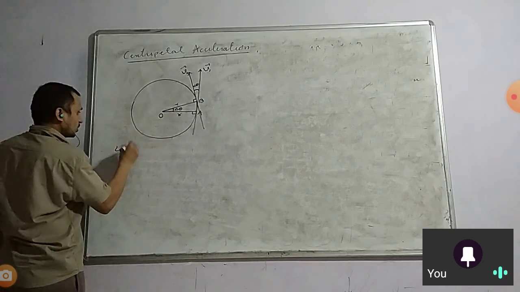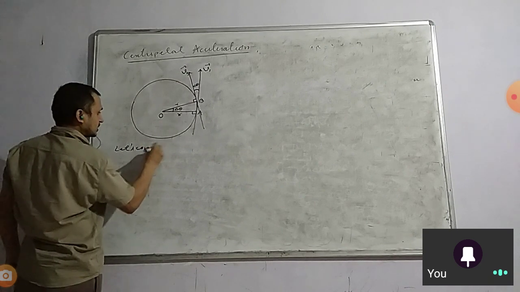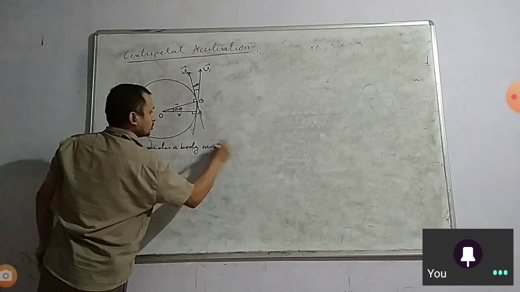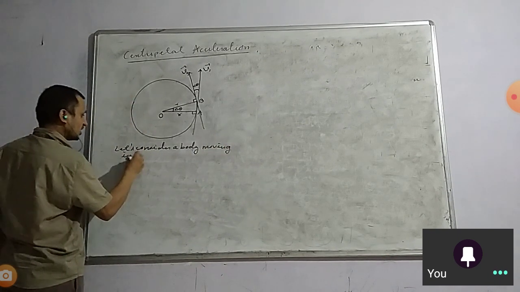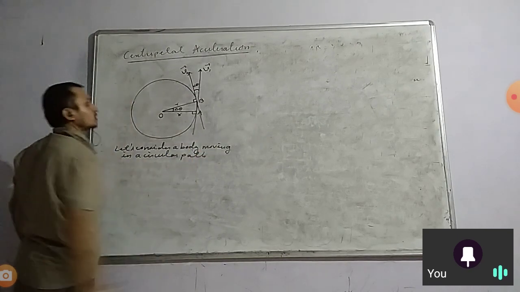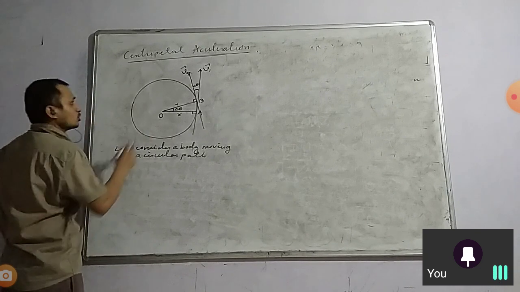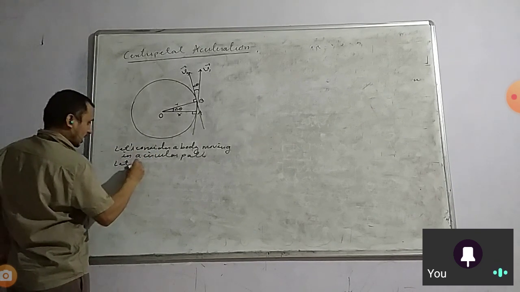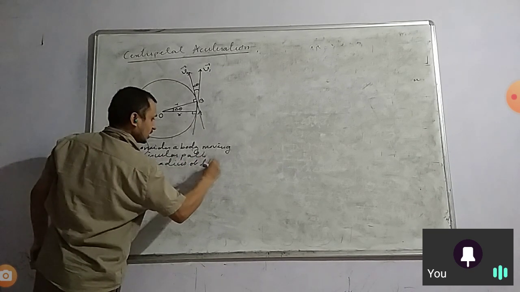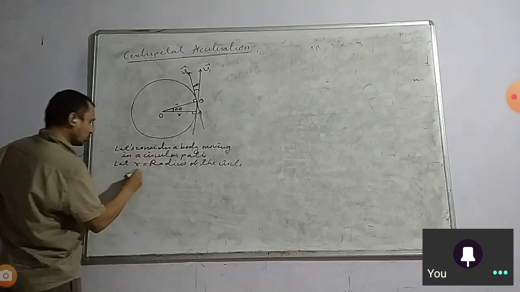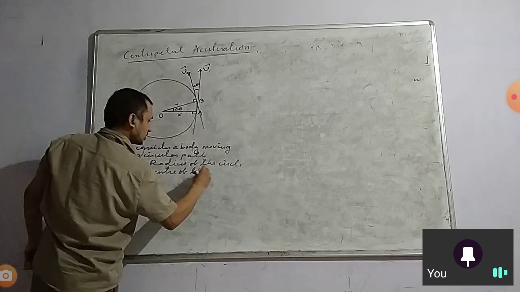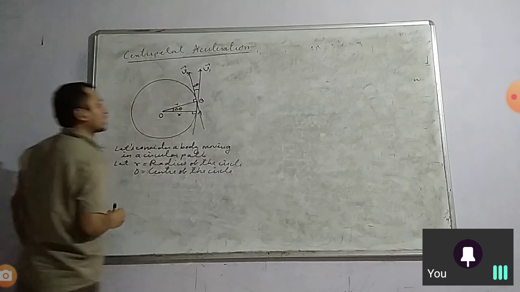Now let us consider a body moving in a circular path, and suppose r is the radius of the circle and O is the center of the circle we have taken.